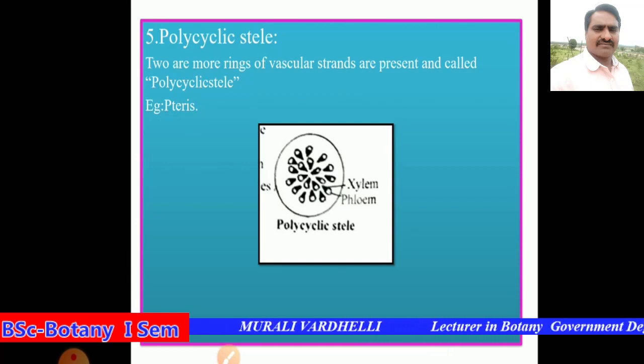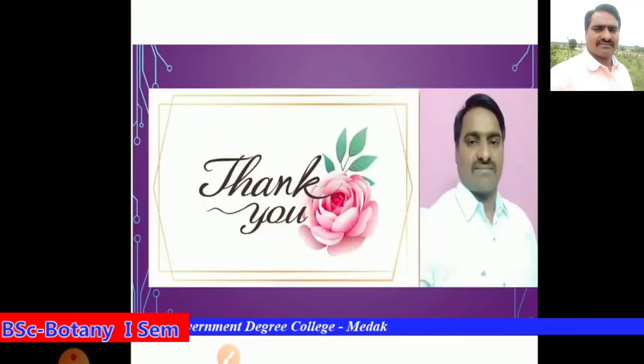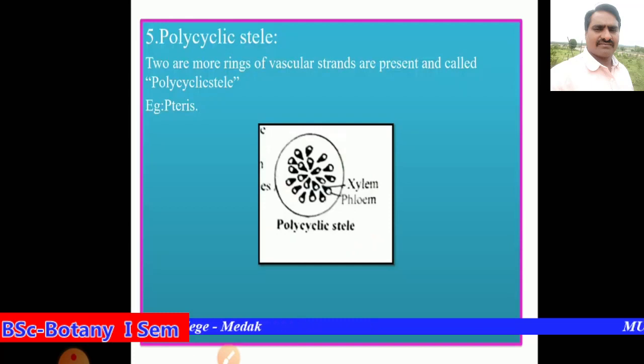What are they? One is protostele, siphonostele, solenostele, dictyostele, polycyclic stele, right? The first one, protostele, is the primitive type, and the very advanced type of stele is polycyclic stele.